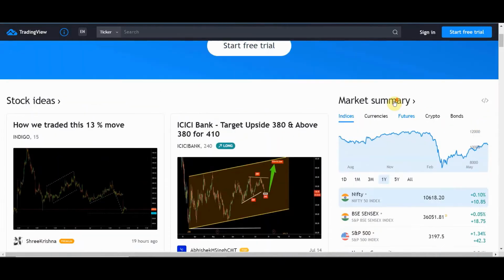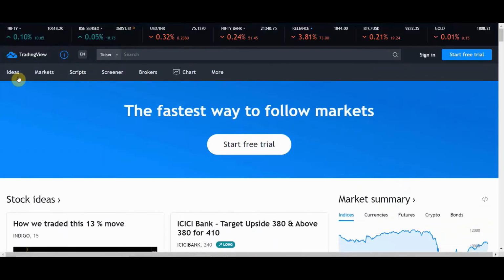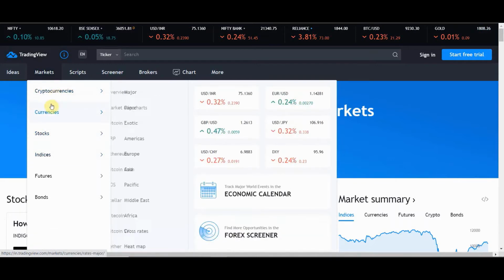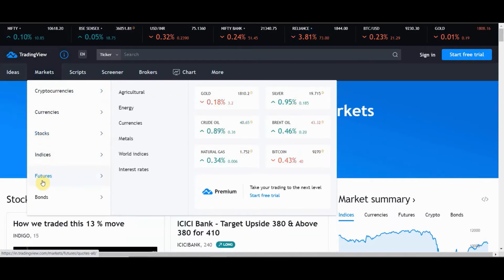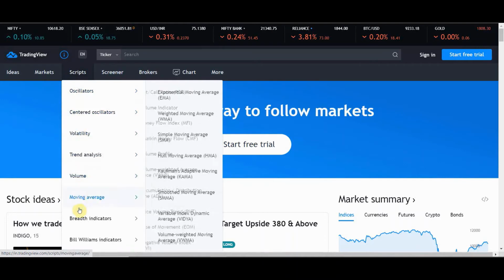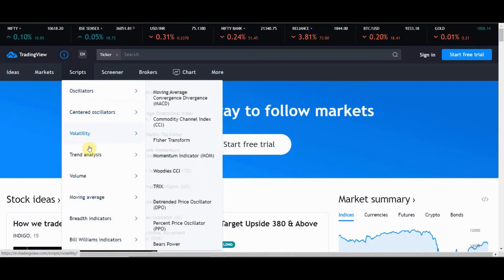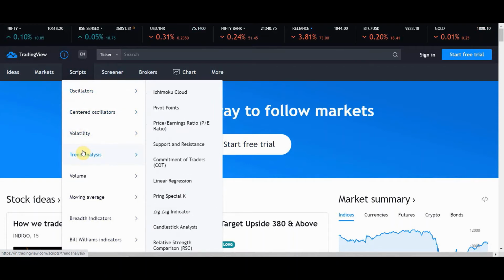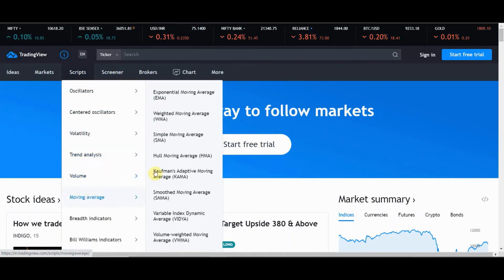Coming back to the home page, we can see the market section, where we have different sections of cryptocurrencies, currency, stock, indices, futures, bonds, etc. And here we can see the scripts. In the scripts we can see different strategies, indicators, trend analysis, volume, moving average, all of it.